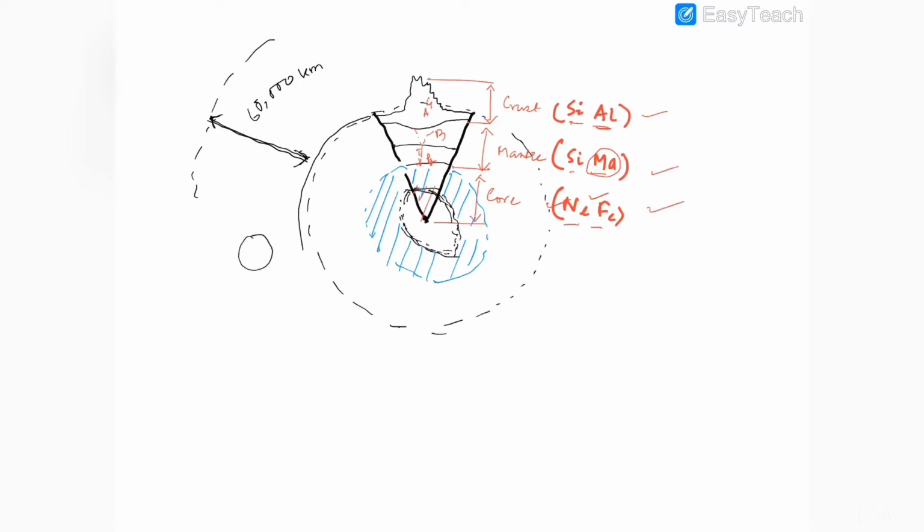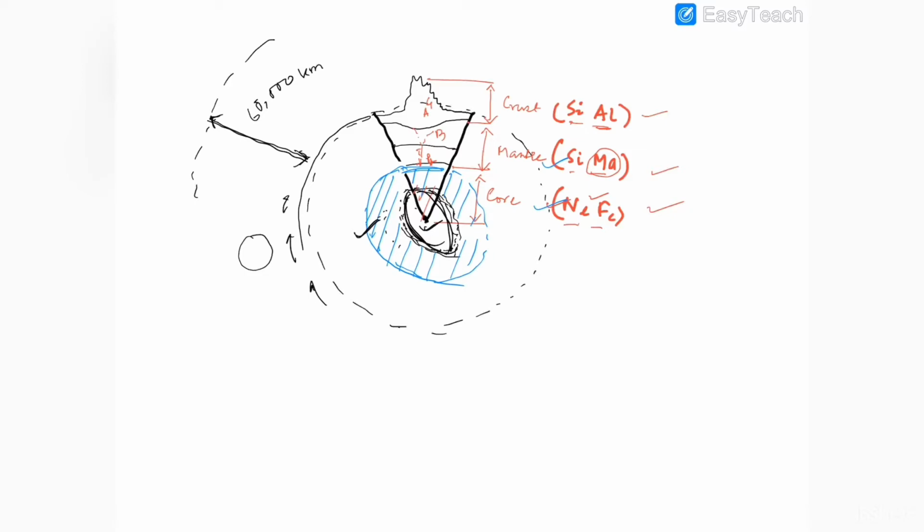So because of different minerals in different layers, like here we have Nife, here we have Sima, etc., and because of the liquid outer core, there is a differential motion that generates the magnetic field. This action is somewhat like a self-sustained dynamo. So this is a liquid medium and this is a solid core, elongated in shape, and because Earth rotates around its axis, there is differential motion between the liquid outer core and the solid inner core, which gives rise to the magnetic field.